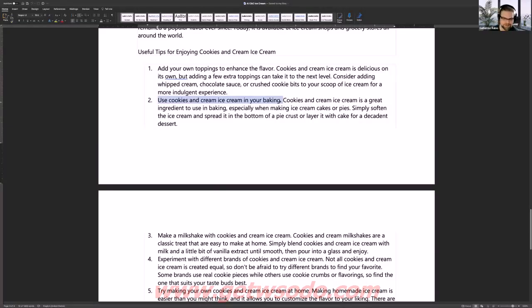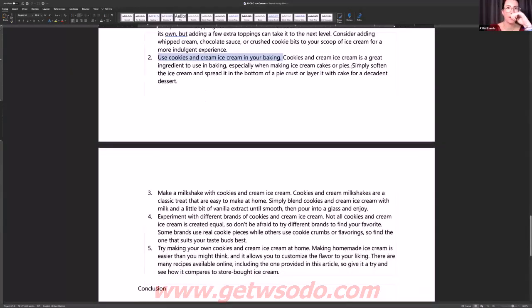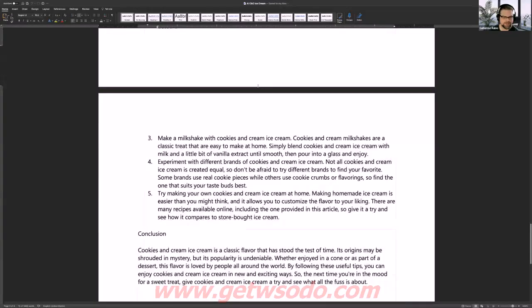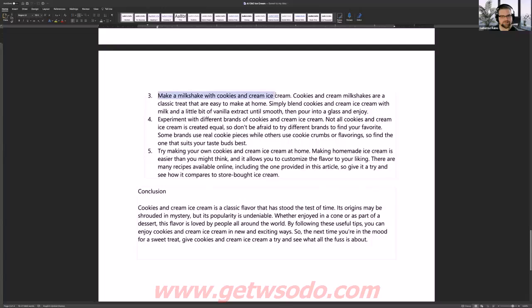That's interesting. I'm not sure how you would use cookies and cream ice cream in your baking. Yeah, ChatGPT, tell us. Simply soften the ice cream and spread it in the bottom of a pie crust and layer it with cake for a decadent dessert. I'm not sure that qualifies as baking though. Make a milkshake. Okay. So this is why you have to pay attention to what it's giving you. Experiment with different brands of cookies and cream ice cream. Okay.